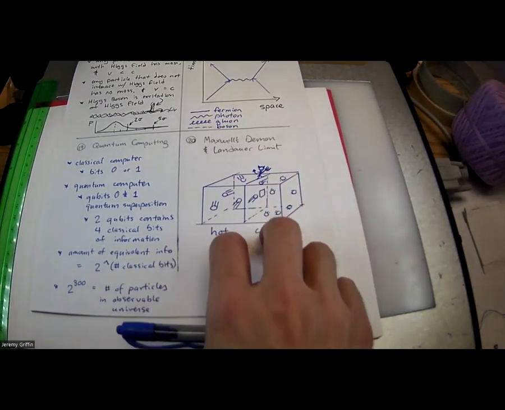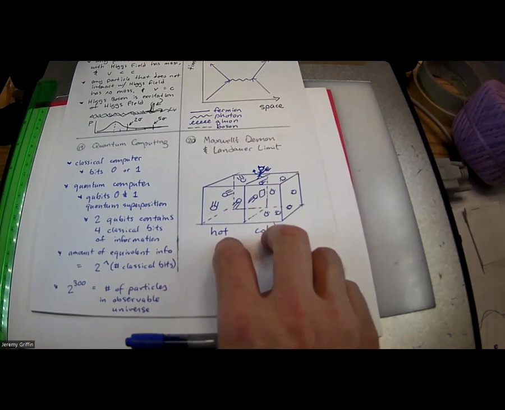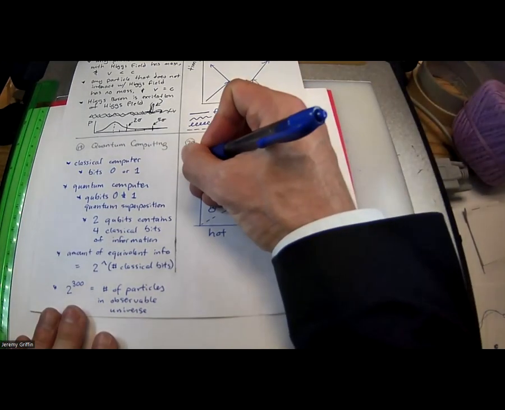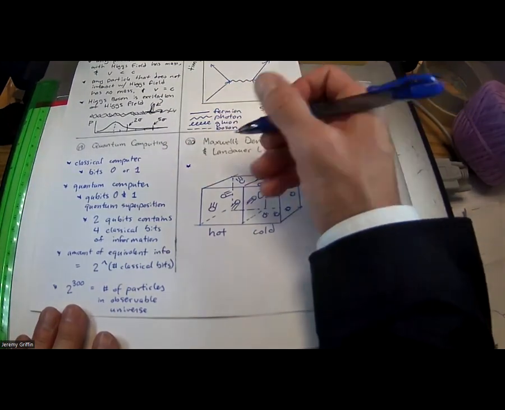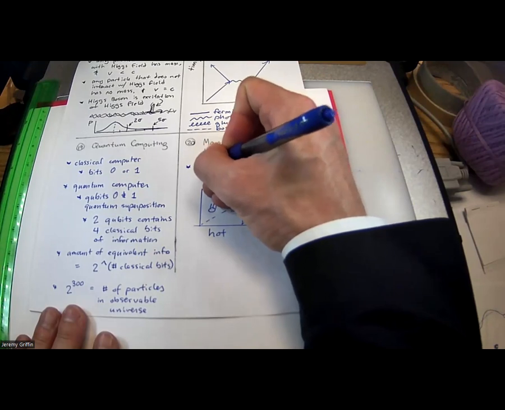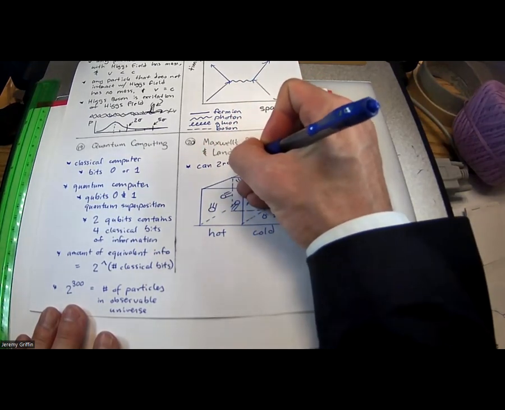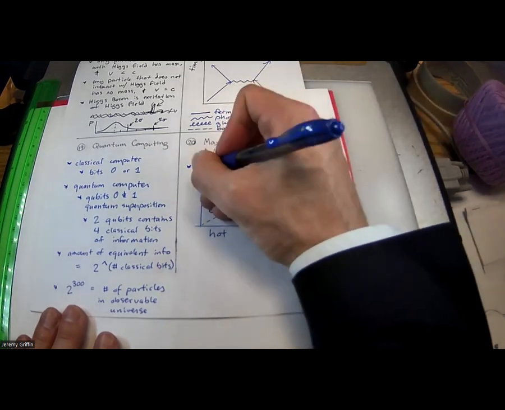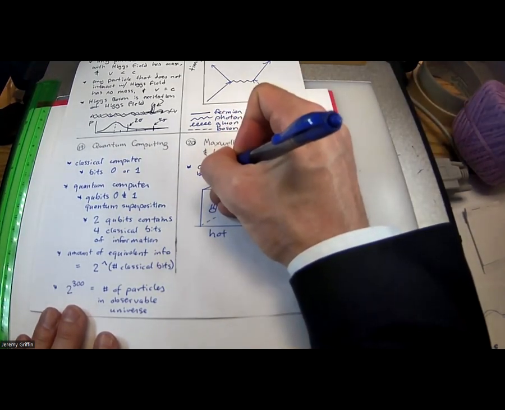This actually would break the second law of thermo, wouldn't it? Right? It would. The second law of thermo, by the way, is one of these laws that's almost asking to be broken in a certain sense. So that's the question that's going to precede all this. Okay. Can the second law of thermodynamics be broken?